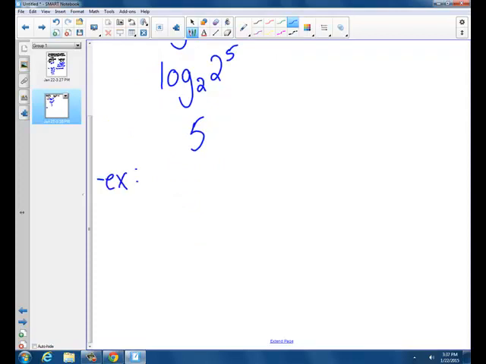How about log base 3 of 81? I want to rewrite this. 81 needs to be written as 3 to some power, since my base is 3. So 3 to what power gets me 81? It's 4. So this simplifies to 4.